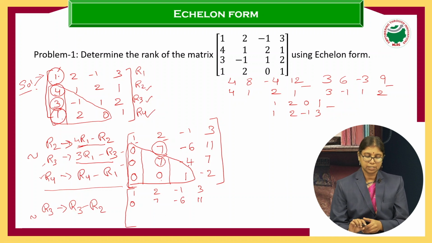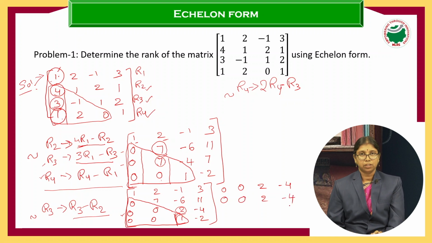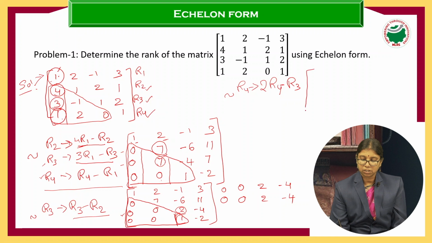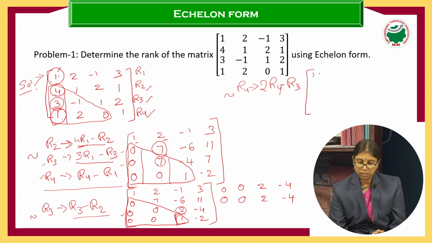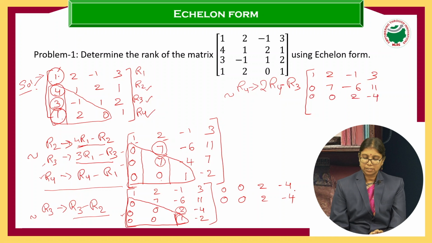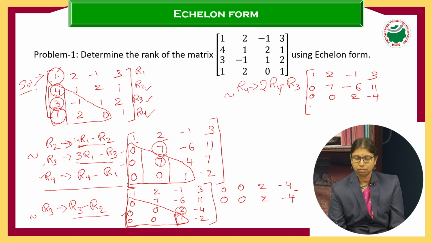R3 row operation is 0, 0, 2, minus 4. Now first write down the rows which are not changing. The unchanged rows are first, second, third. So 1, 2, minus 1, 3. 0, 7, minus 6, 11. Next 0, 0, 2, minus 4. Now by subtracting these two rows, both are the same values. So by subtracting, you will get zeros. All are zeros.